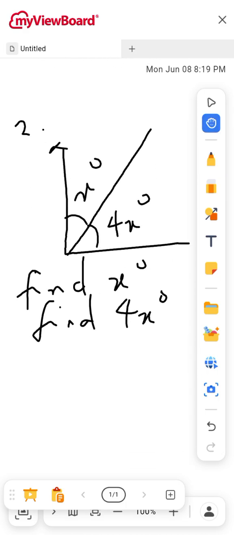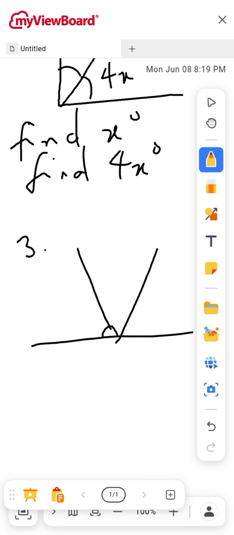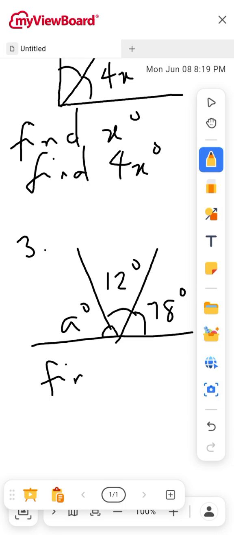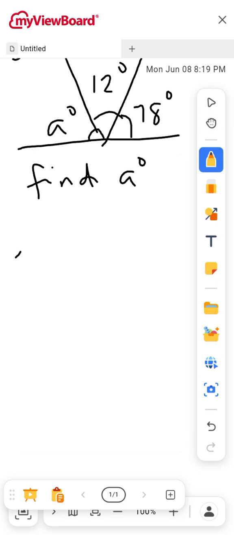Okay, let us look at number three. Number three, we have something like this. A degrees, 12 degrees, and 78 degrees. They ask us to find A. And the last, number four, we have something like this.